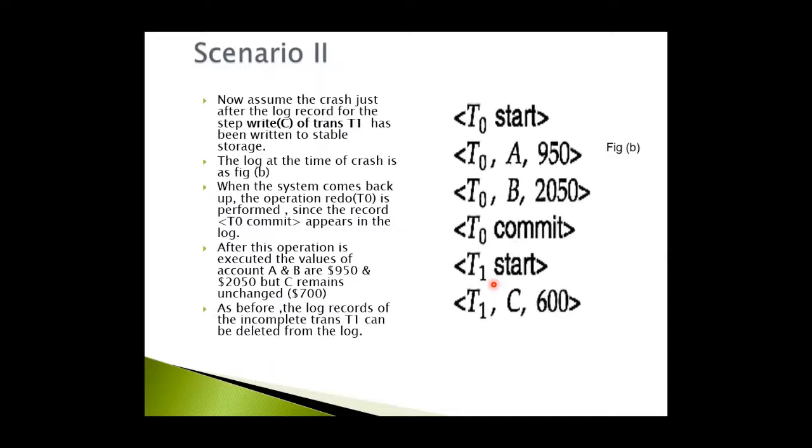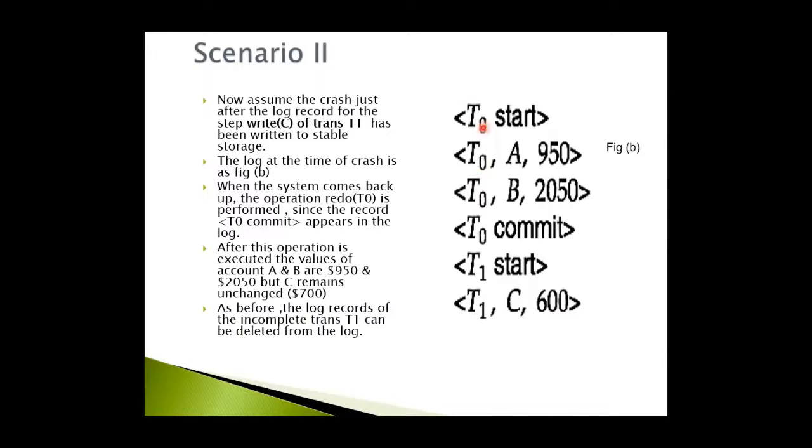Scenario number 2. Now let us look at this figure. Assume that the crash has occurred just after the log record of the step write C of transaction T1. We are considering that T0 has committed and T1 has started, but before T1 commits, the crash has occurred, after write C. So you can see this update log record with respect to the write C operation. Again, the log records will be scanned when the system comes back after the crash.